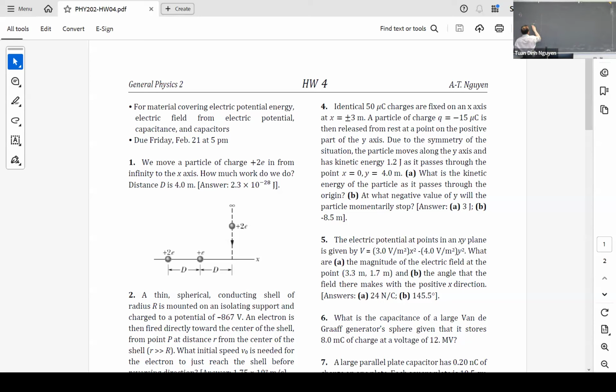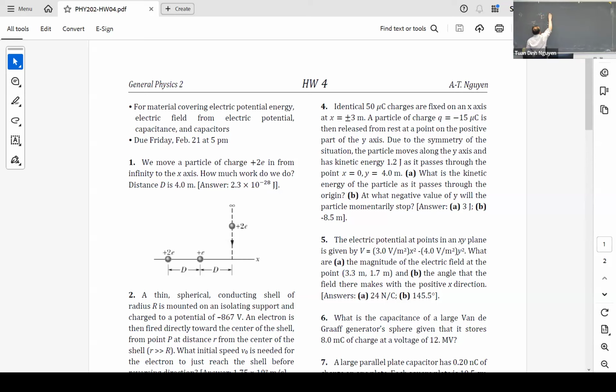So it was launched somewhere, but then at 4 meters it has kinetic energy. This charge is -15. So it's moving along here.